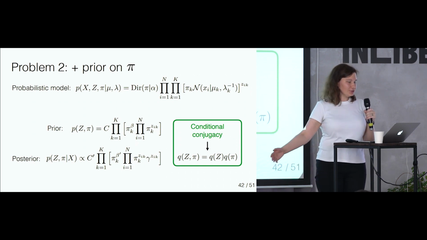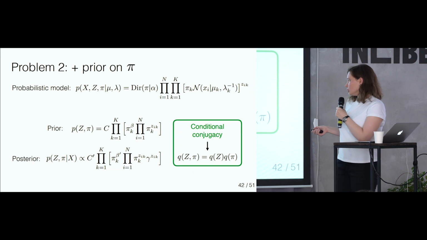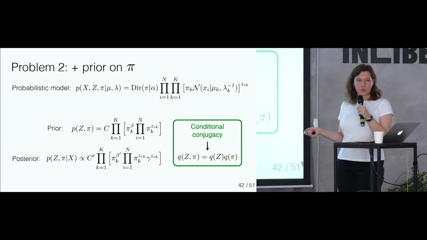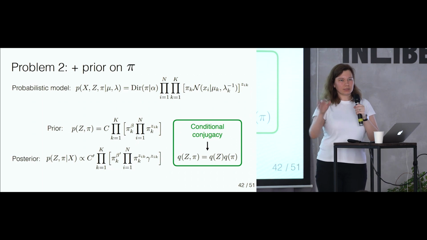If we have conditional conjugacy, that means that we may use variational mean field approximation in variational inference, if we factorize our approximation q for the posterior distribution in the same way in which we checked the conditional conjugacy. So we divide z and p.